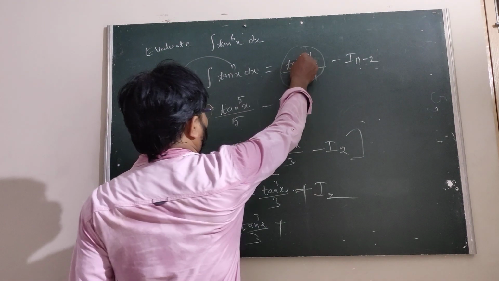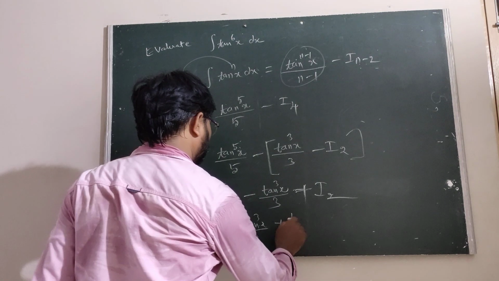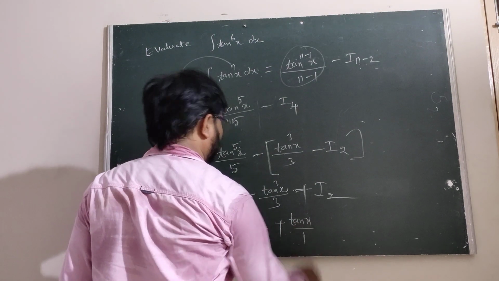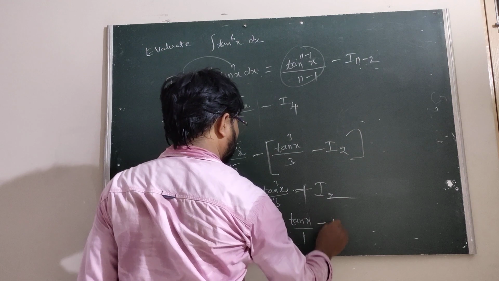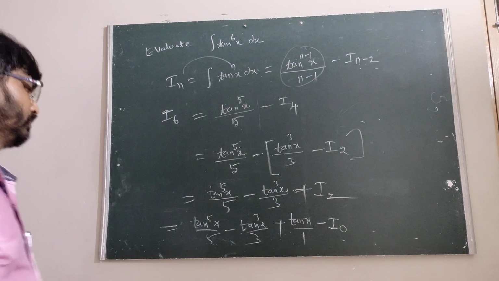What is I2? 2 minus 1 is 1, so tan x by 1 minus I0, since 2 minus 2 is 0.